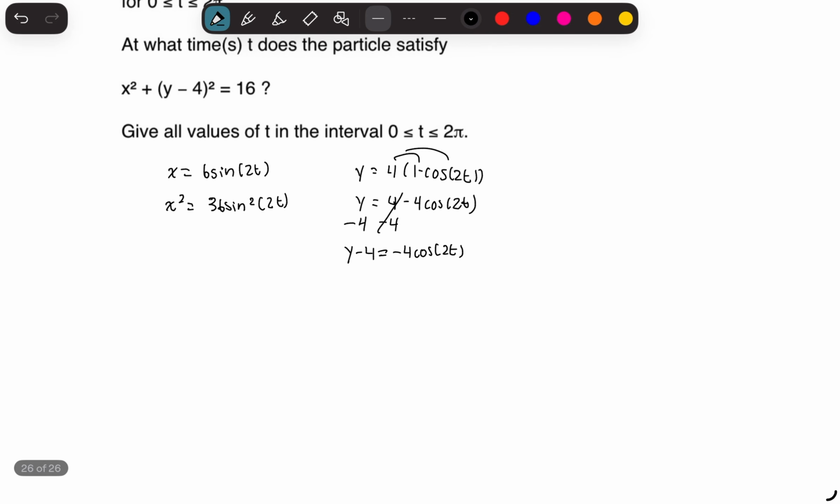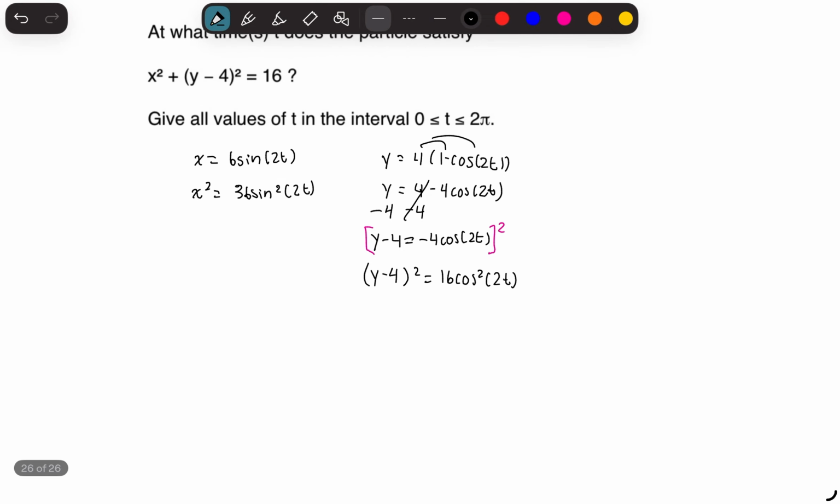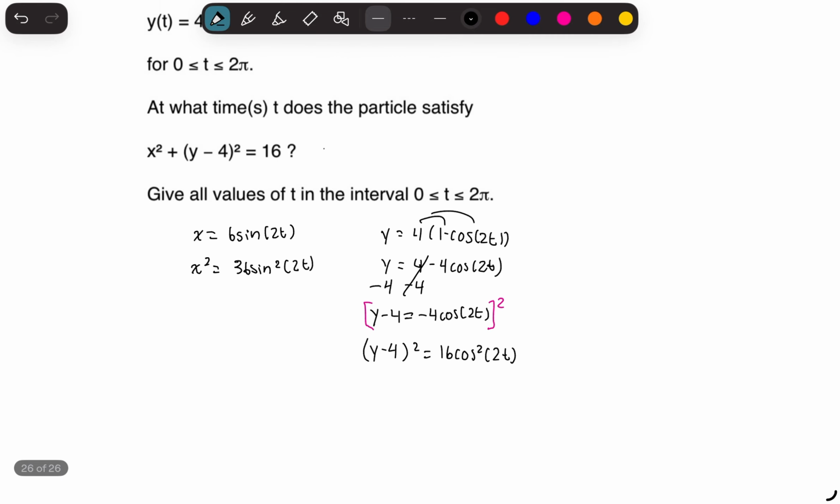So now from here, if we square both sides, now we're going to substitute this into this equation.